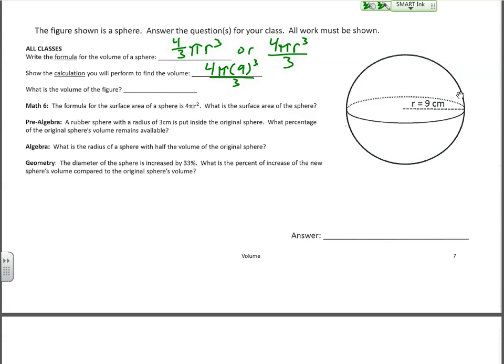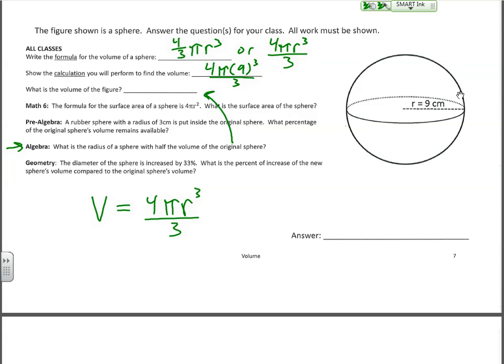For algebra, your task is, what is the radius of a sphere with half the volume of the original sphere? So the original sphere has the volume that you wrote in that line. You want to take half of that and then solve for the radius. So whatever that volume is, after you take half of it, you're going to set that equal to our formula and solve for r.